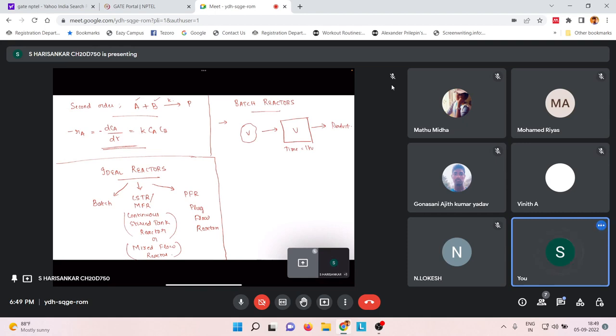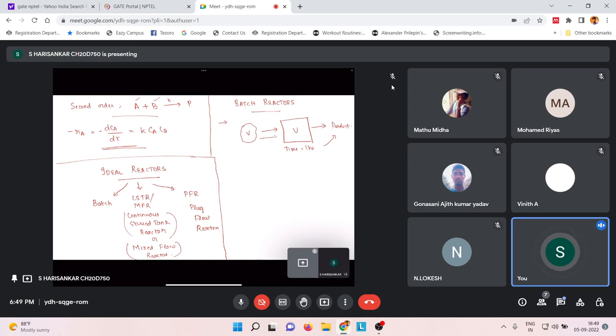Just wait for it. After 1 hour, you collect the product out, and then you take the next set of reactant and put it in the reactor again, and take out the product again. So you are operating one set of reactants at a time. This is called a batch operation.